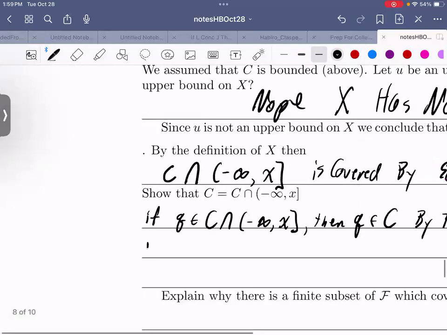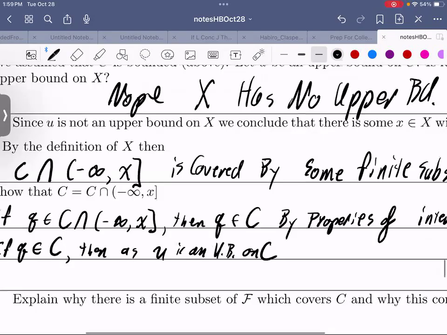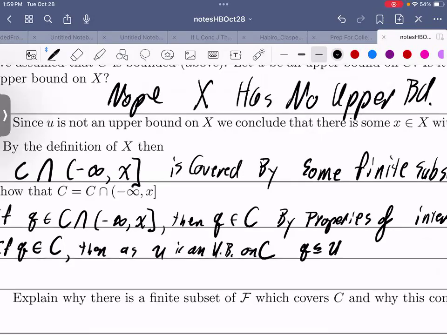On the other hand, if Q is just in C, then as U is an upper bound on C, Q is less than or equal to U, but remember U is strictly less than x.